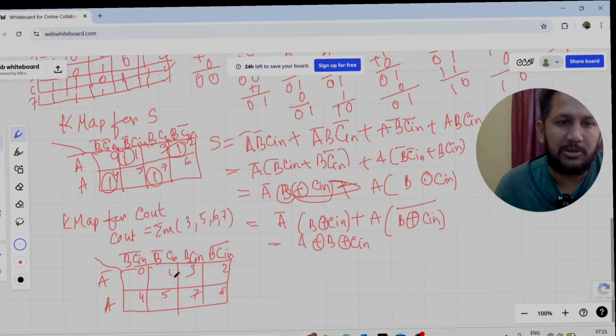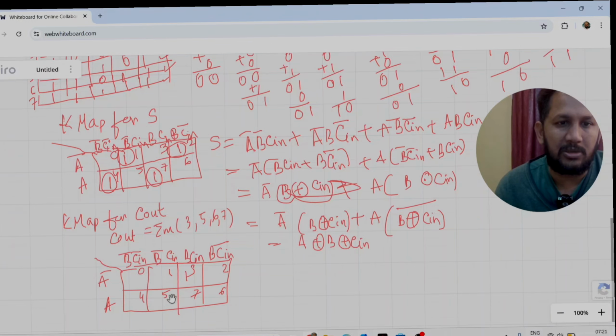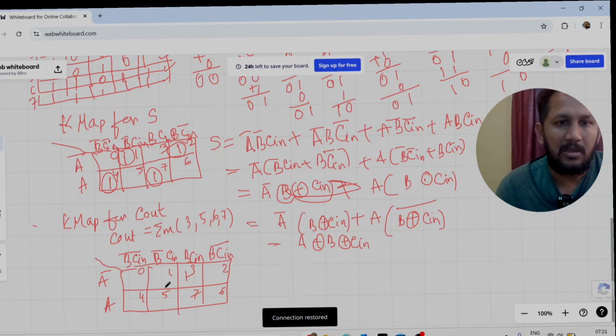Now in the third position there is a 1, fifth position there is a 1, in the sixth position there is a 1 and the seventh is 1. Taking groups for this: 3 and 7, 5 and 7 and 6 and 7.